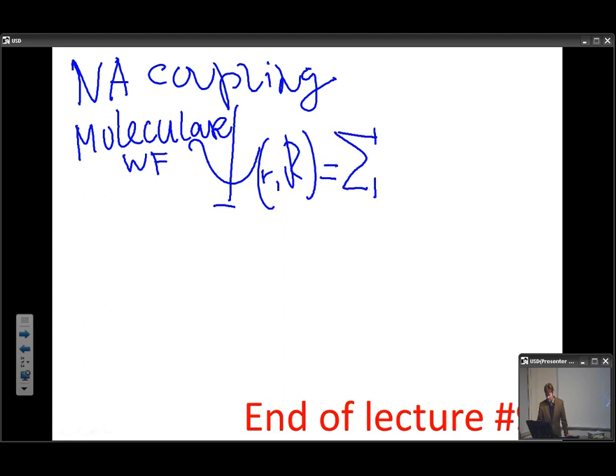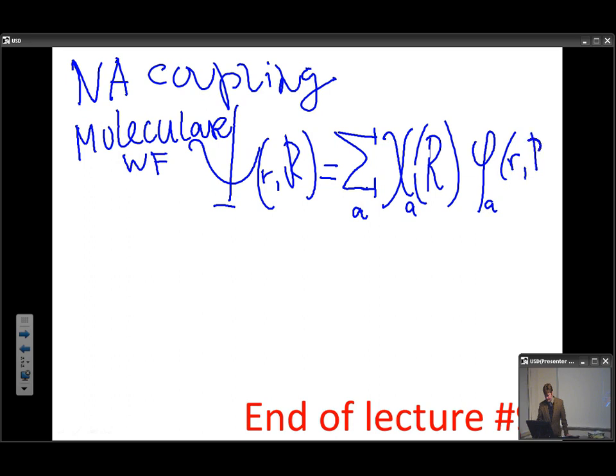Generally it is composed as a superposition of electronic wave functions that we are solving and will be solving for a dozen lectures, with some coefficients.